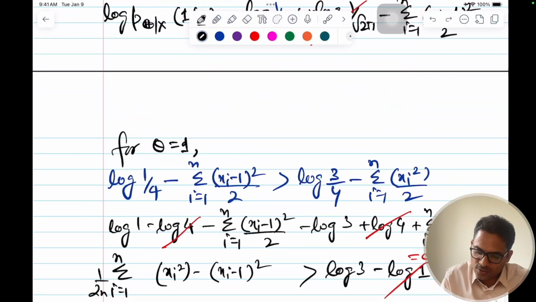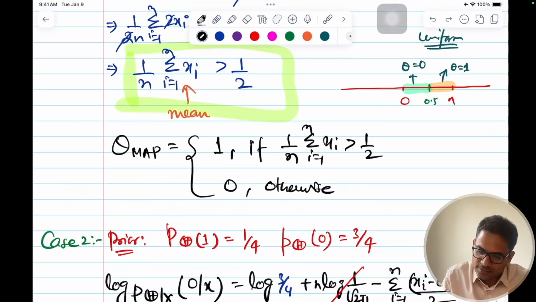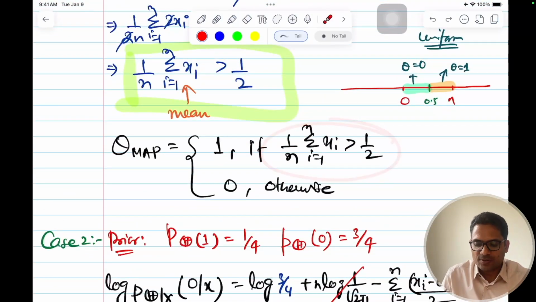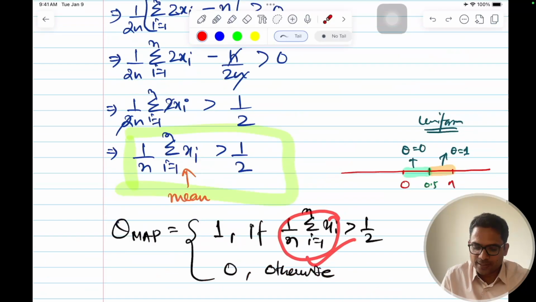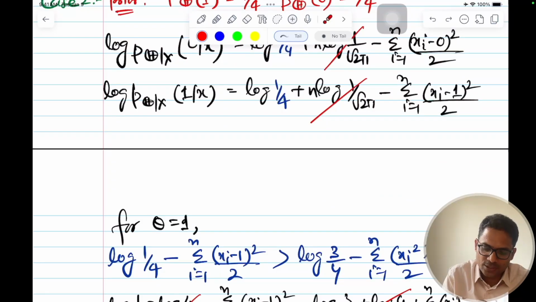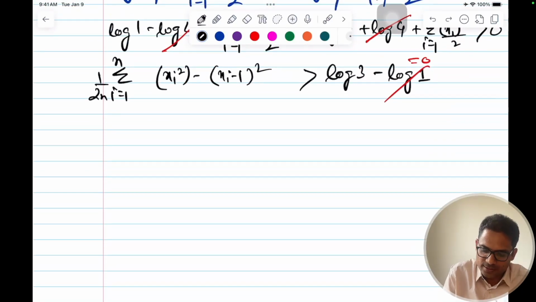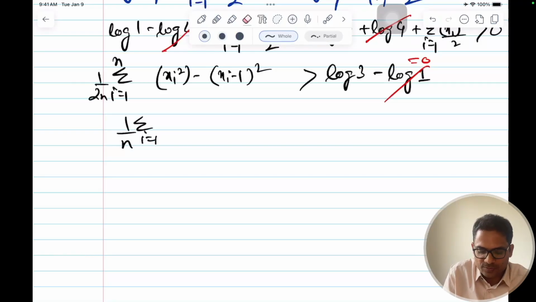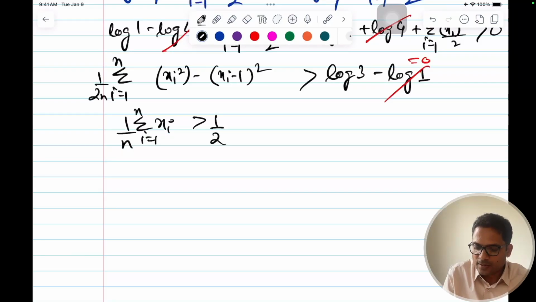So what did this one come out to be? Finally we calculated and found that this mean should be greater than half. Okay, so we'll just put it as it is to avoid the confusion. This will give me 1 by n sigma i equal to 1 to n xi is greater than half, and plus log 3 will also be there.